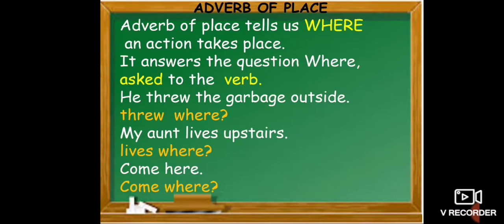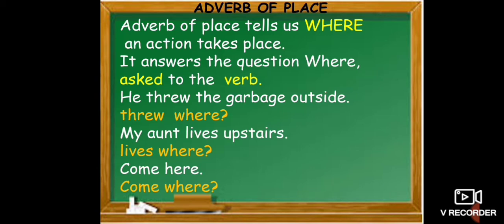Now let us see adverb of place. Adverb of place tells us where an action takes place. Manner tells you how. Time tells you when. And place tells you where the action is taking place.